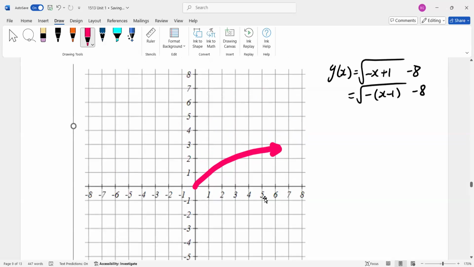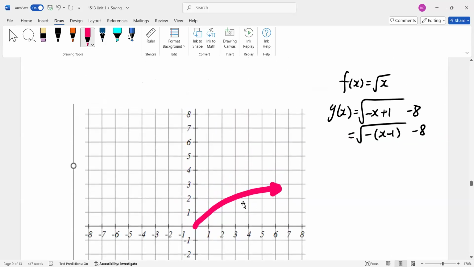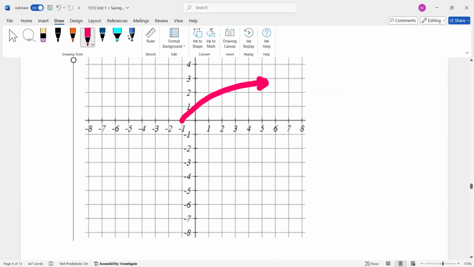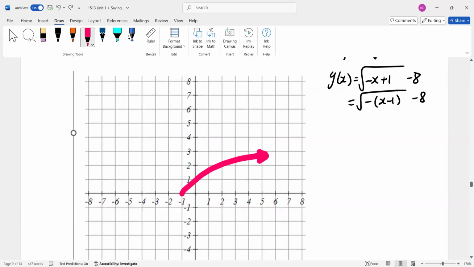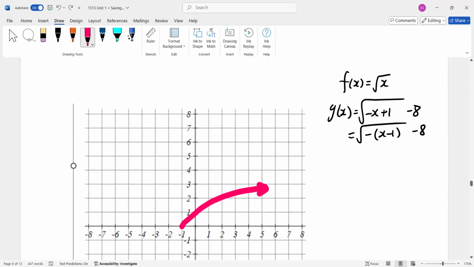Okay, perfect. So what happened is we first shift to the left 1 unit. And then flipped over. Does that let me flip over? Oh no, hold on. I probably have to draw it again. So flip over the y-axis.